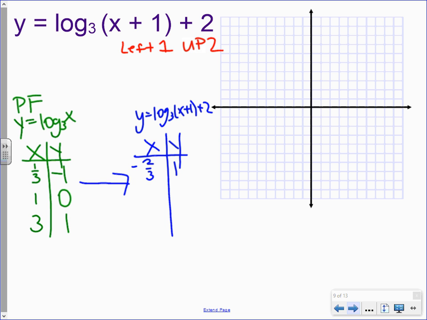Okay? 1, 0, shifted left 1 and up 2 is now 0, 2, and 3, 1, shifted left 1 and up 2 is now 2, 3. Okay, I don't care if you plot it and then move it, or if you think about what the translations would be in your head, but I need these coordinates right here.